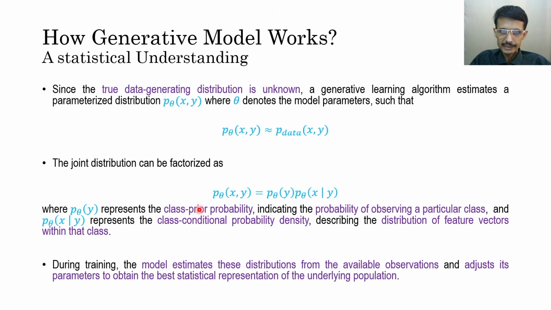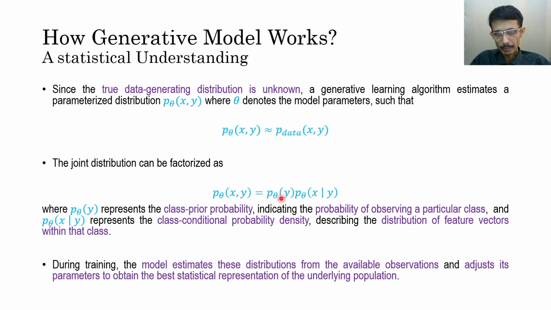So I repeat, this p theta (y) is the class prior probability that indicates the probability of observing a particular class. Say there is a cat class. What is the probability that the cat class is observed?